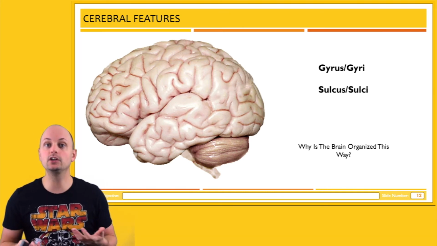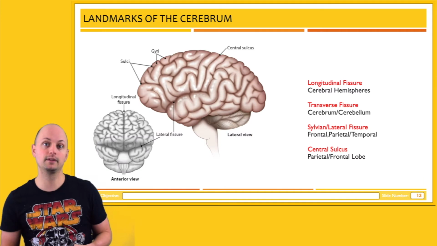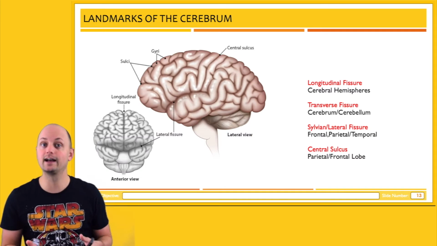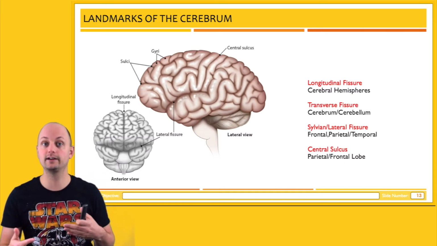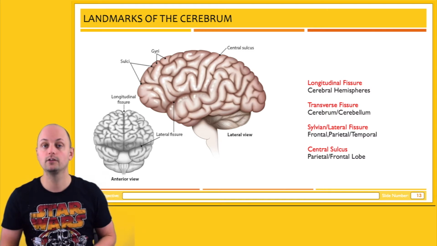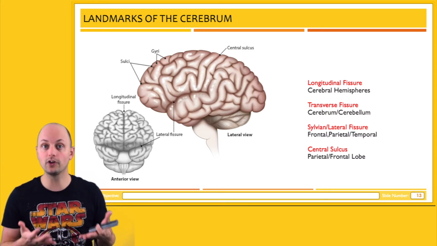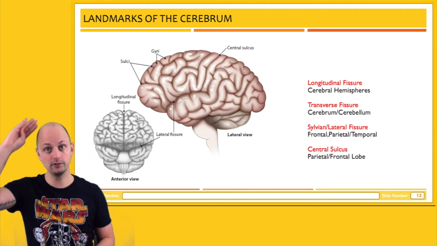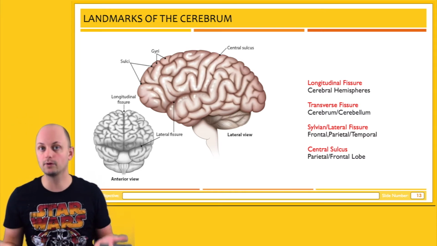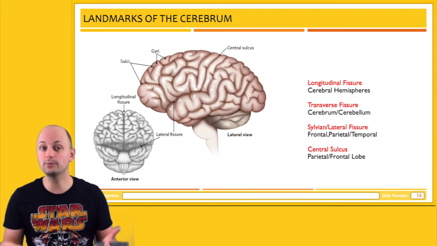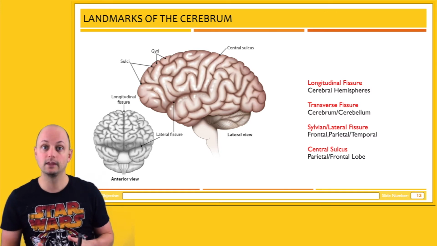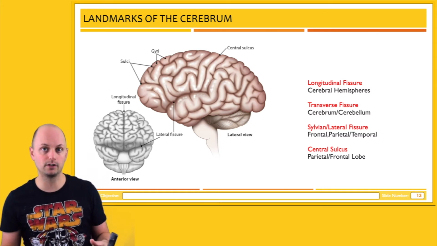Now, we can actually use some of this architecture, and in particular the grooves, as landmarks to help us to define different regions of the brain. So, for example, the central sulcus separates the frontal lobe of the cerebral cortex from the parietal lobe. A really deep sulcus is known as a fissure, and those create major separations.